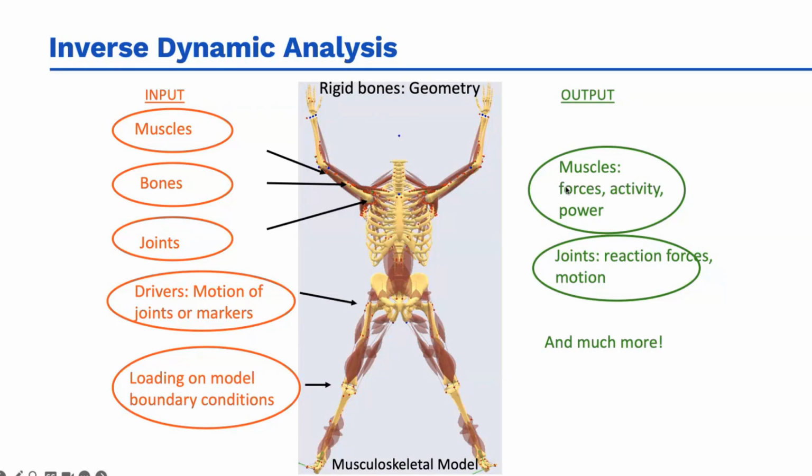The outputs are going to be the muscular forces, and in the joints, the reaction forces. And that's exactly what we need as input to the finite element model. So we are going to get the output from this musculoskeletal model and use it as input to the finite element analysis.